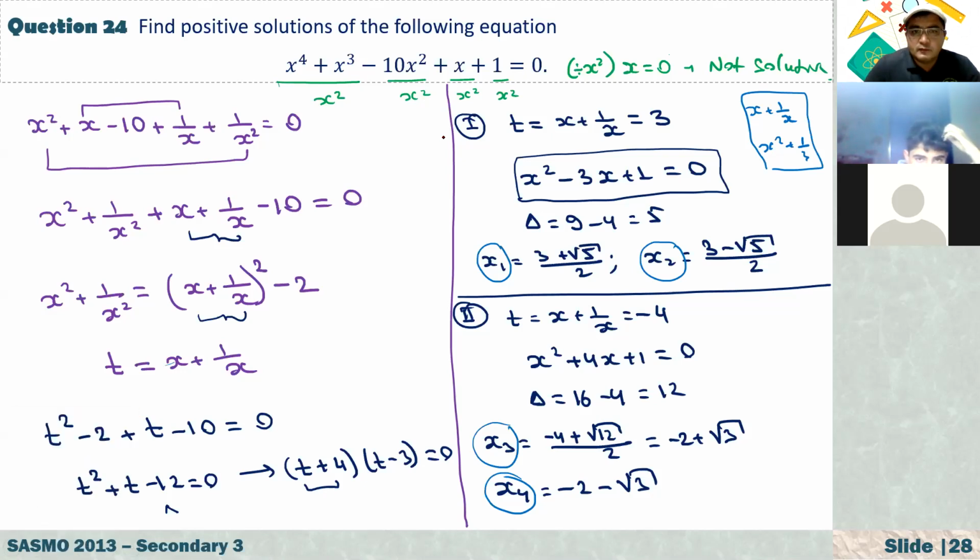As a first step, t equals x plus 1 over x equals 3. So here we have x plus 1 over x is equal to 3, right? Yes. So multiply both sides by x. Here I have x squared plus 1 is equal to 3x. And after that, take 3x to the left. Yeah, thank you. Okay, good.